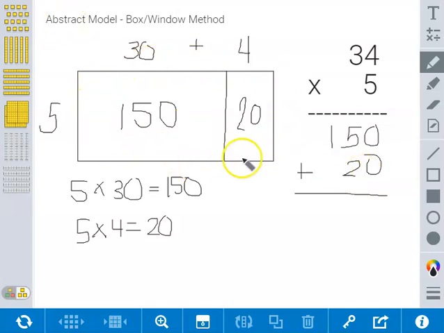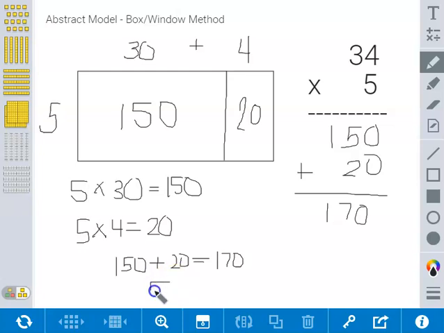And now when we combine our products, we can do 150 plus 20. And notice that we also have 150 plus 20 over here. And this gets us to 170. And over here, this gets us to 170.